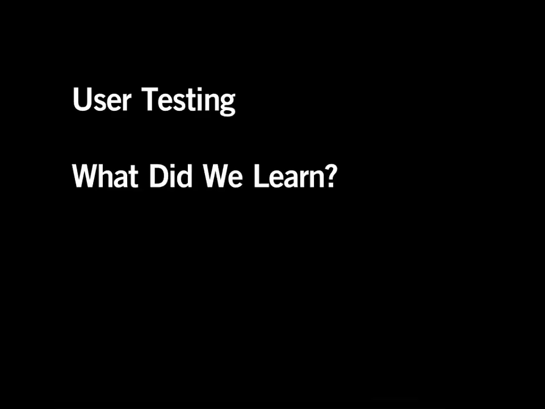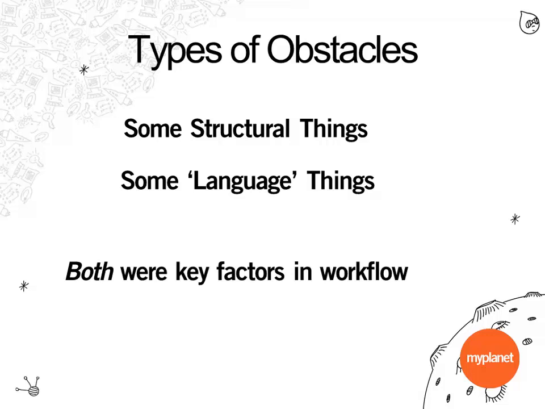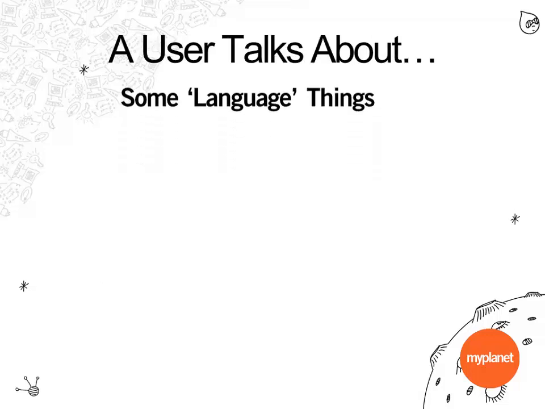So we did user testing on this, and we learned a few things, in 2 categories. Some was structural, about the arrangement of the elements and the interaction methods that we use. We learned things about how to improve that. There also were a lot of things about the language that was used in the interface that gets people through it. And that's what I want to focus on.